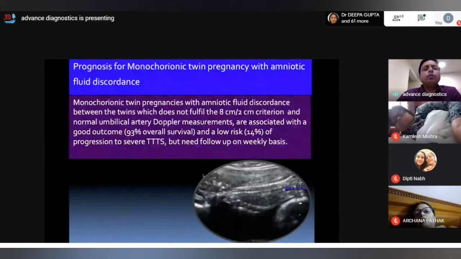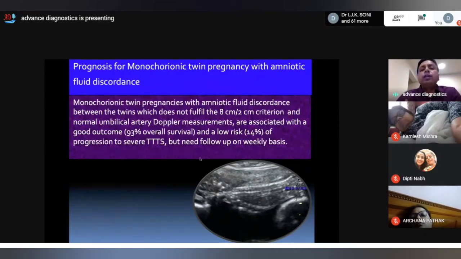Prognosis for monochorionic twin pregnancy with amniotic fluid discordance. So if you are not seeing other features of TTTS, but you are seeing just amniotic fluid discordance which is not fulfilling the 8 centimeter and 2 centimeter criteria, and if they have normal umbilical artery Doppler measurement, they are associated with good outcome.